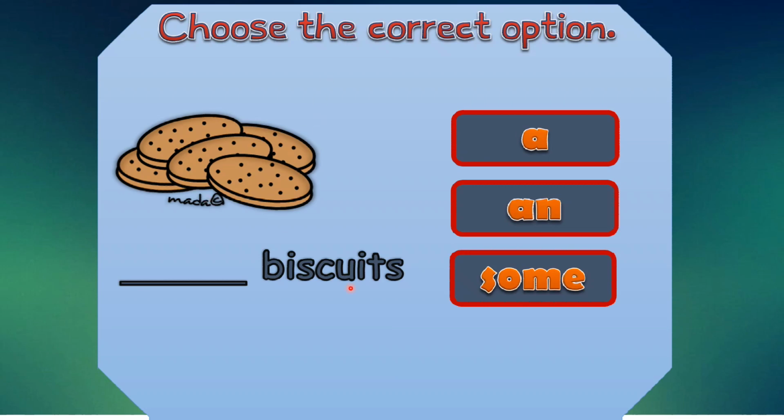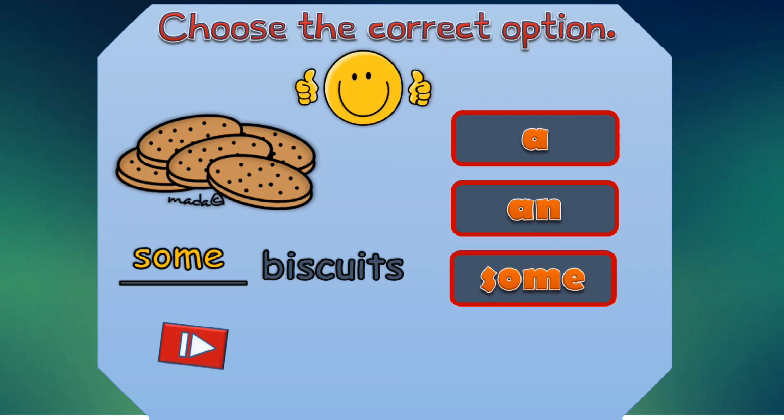Okay, how about this one? Biscuits. Is it a, an, or some? Since this is many, we will use some. Some biscuits.